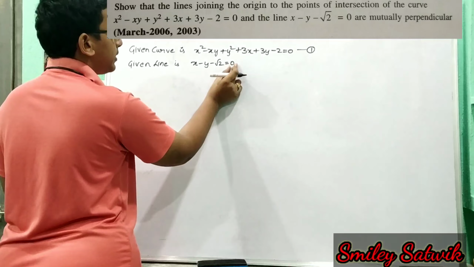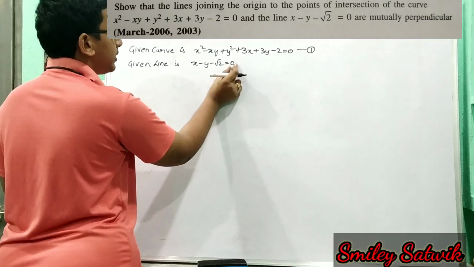They have given the point of intersection of the curve. What is the given curve?